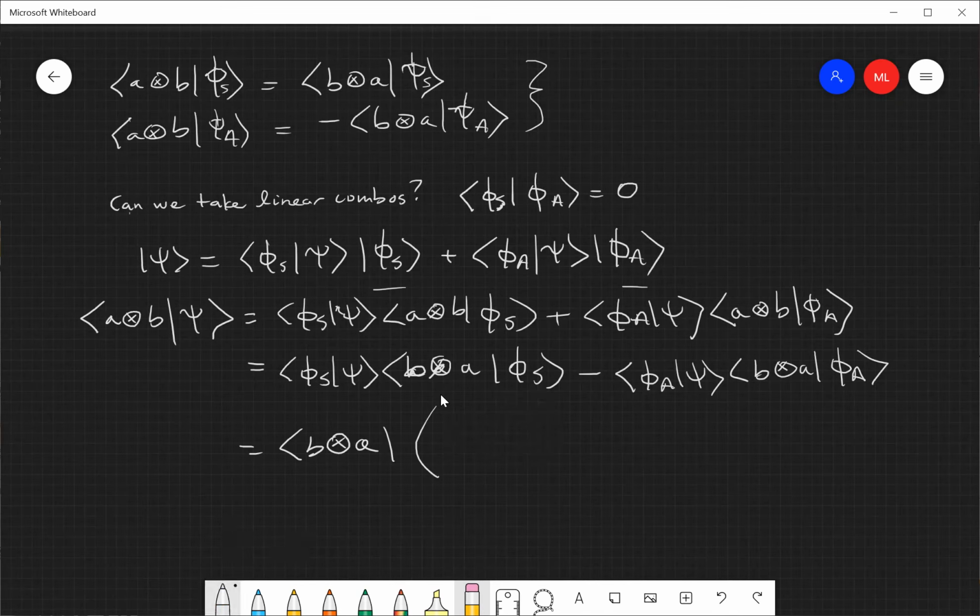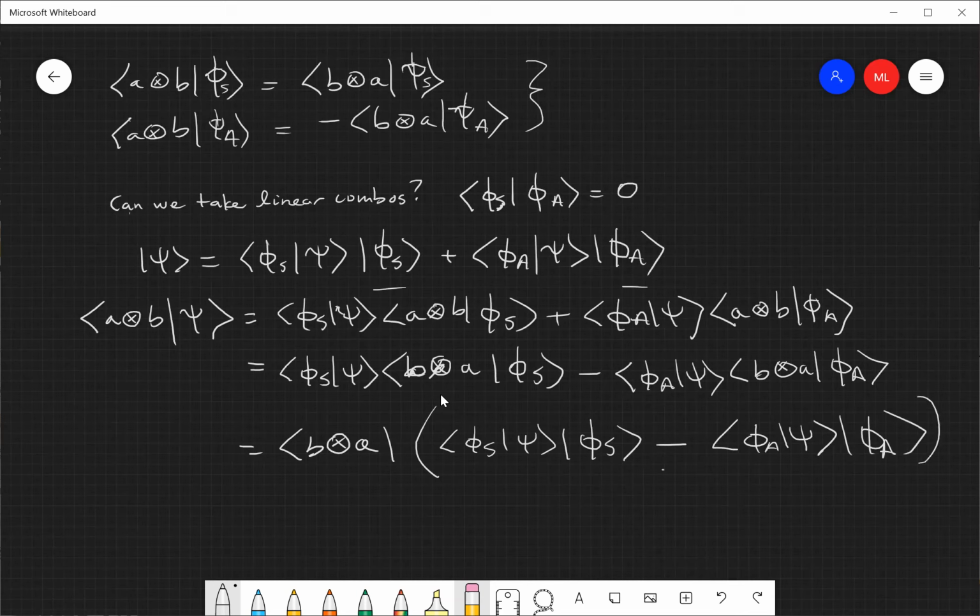So it's BA, there's phi S, psi S, and there's a minus sign now, phi A, psi, phi A. So there's a change of sign in the relative phases between the two components.